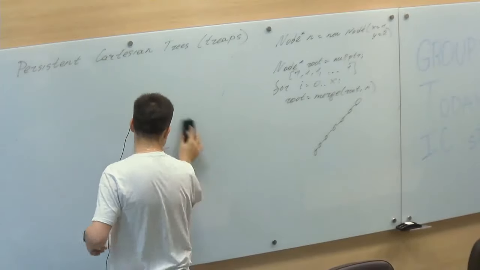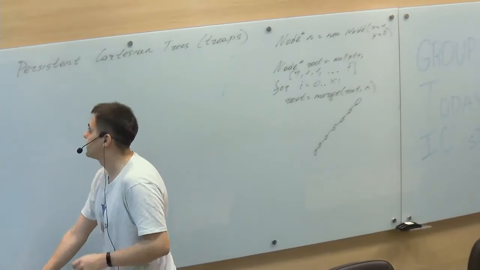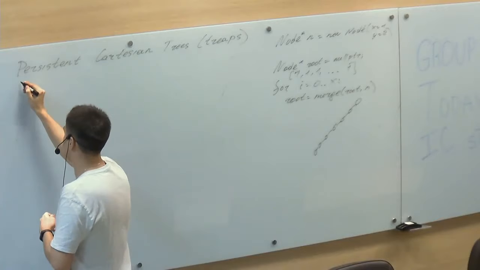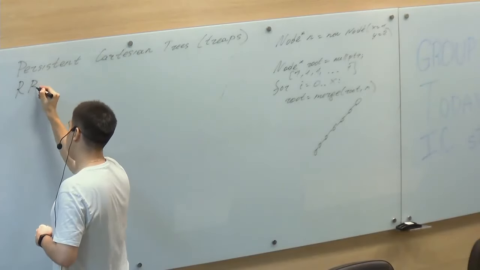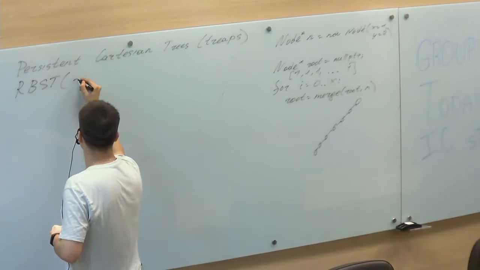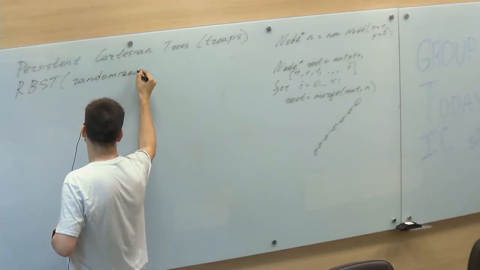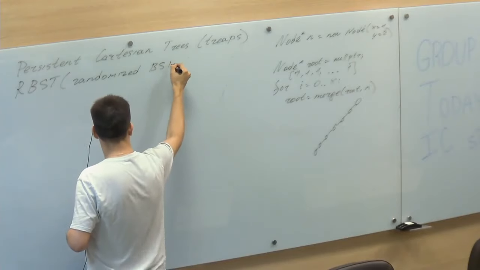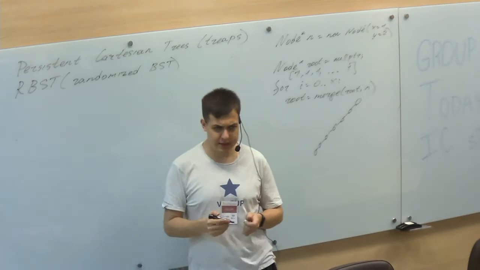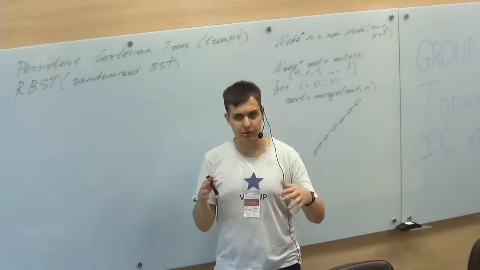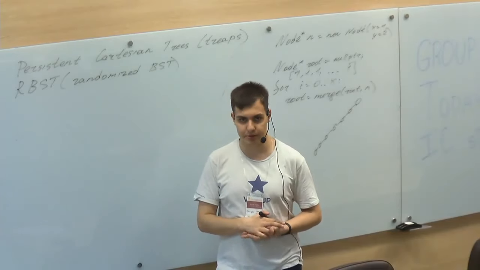This is usually shortened as RBST, Randomized Binary Search Tree. We get rid of priorities, but instead we'll do some more calls to the random generator.